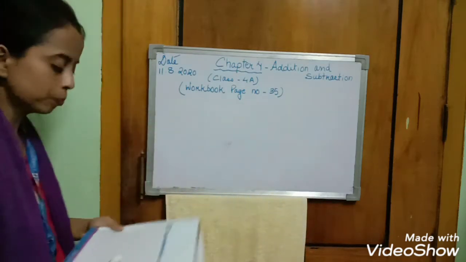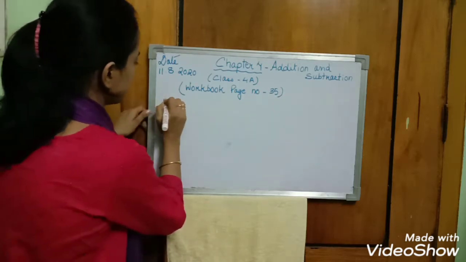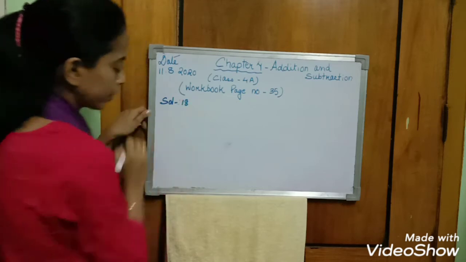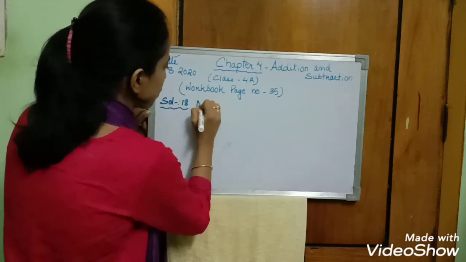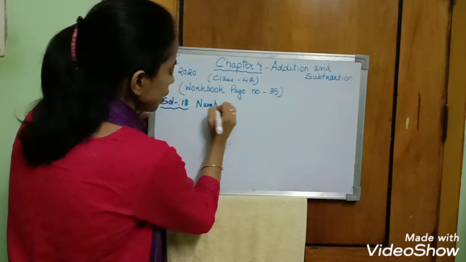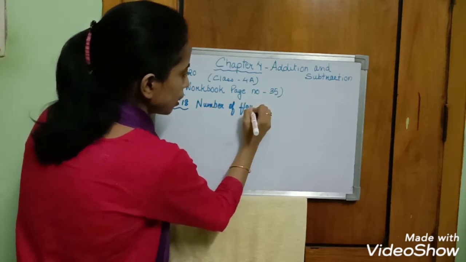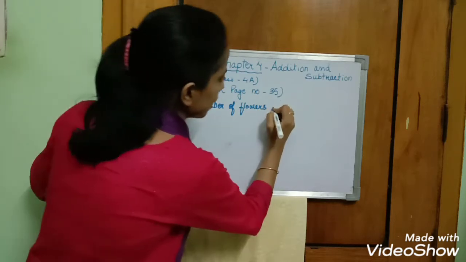Let's see, children, here. So this is solution number 18. Number of flowers in Suresh's garden.